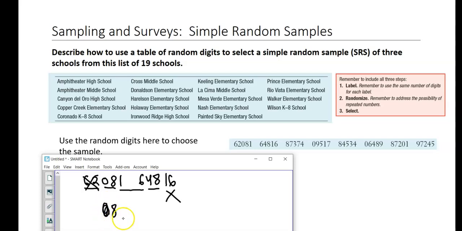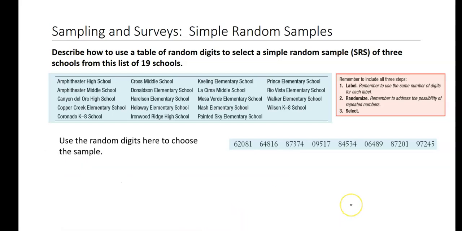Second number is 16. That is less than 19. We're going to skip that guy because of the 16. So you're just going to keep going until you choose the 5 numbers. So that's why they're skipping. Sorry, it took me a second to figure that out, but there's 19 schools, so 62 is not a school. There's only 19 schools, 1 through 19.